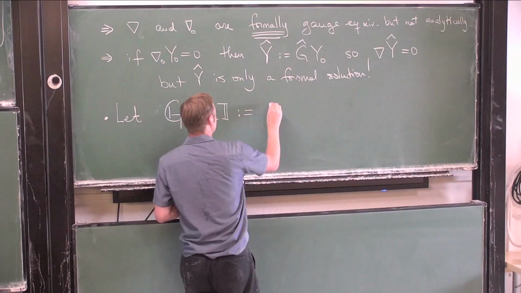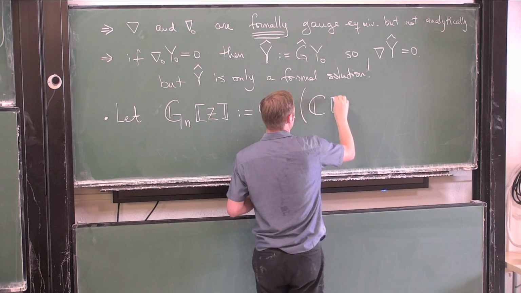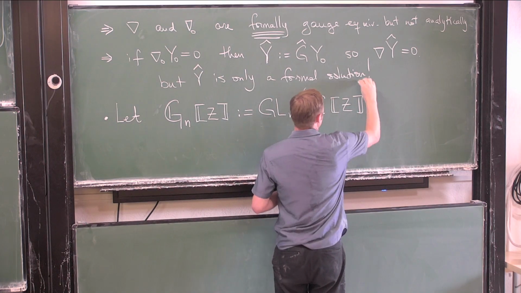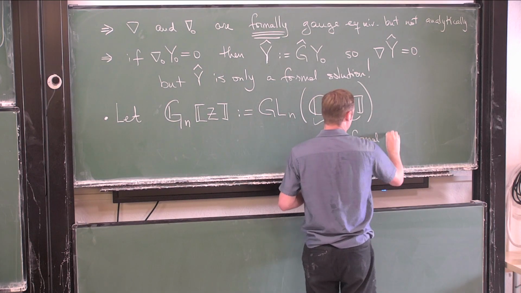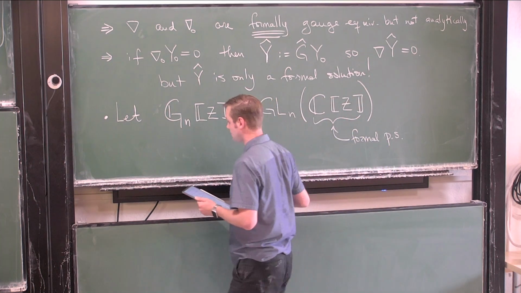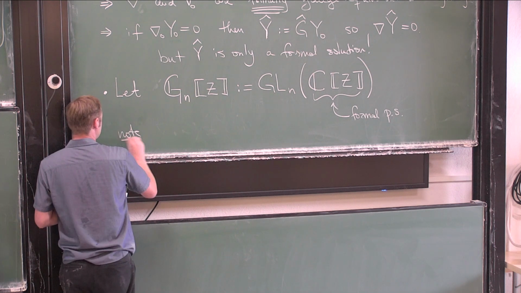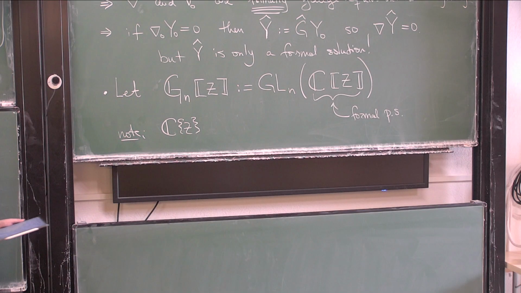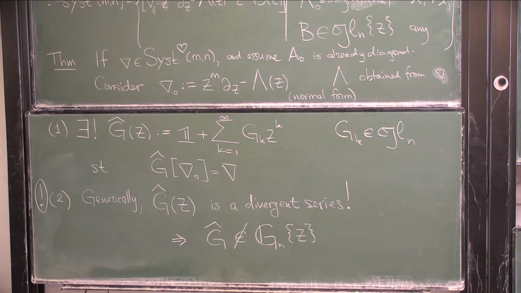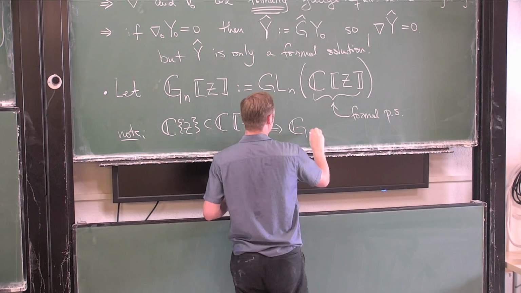This is just the group GLN with coefficients in the algebra of formal power series. Notice that any convergent power series is in particular a formal power series, so we have this obvious inclusion, and that means we have the inclusion of the gauge groups as well.